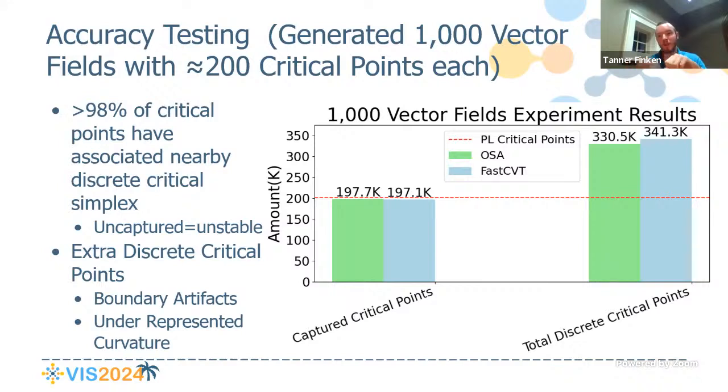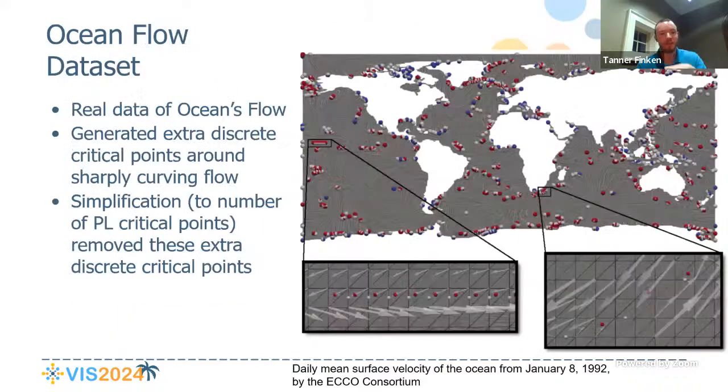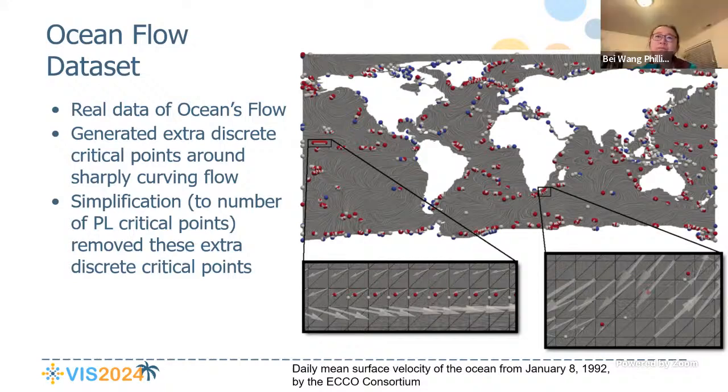There's no way to pair it along the boundary. And then for the underrepresented curvature, in this example, you can see how each of the triangles have a sharp curvature. So the vectors go completely 180. So the triangle doesn't know where to pair its direction. So that's what results in these chains of critical points here.